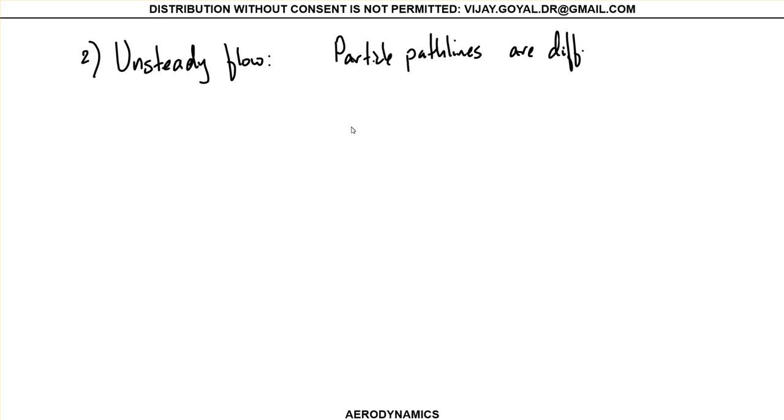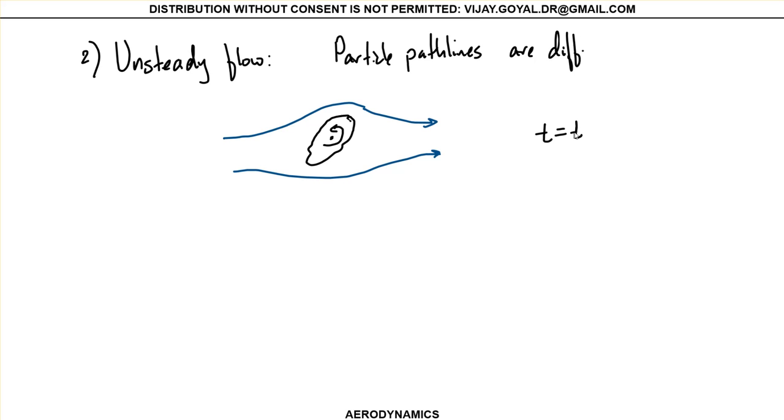Let me give you an example. Let's suppose I have an object, and this object is rotating in time. Since it's rotating, my flow along it may look something like this, at time equal to time 1.